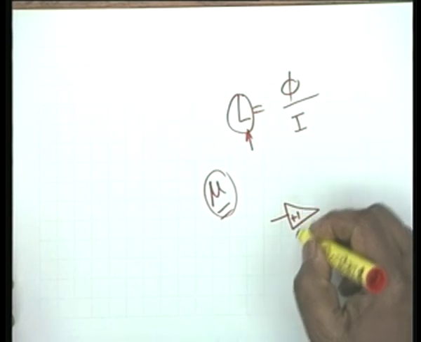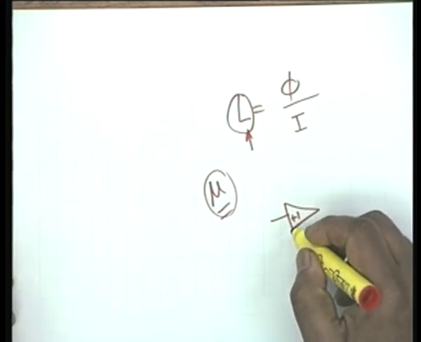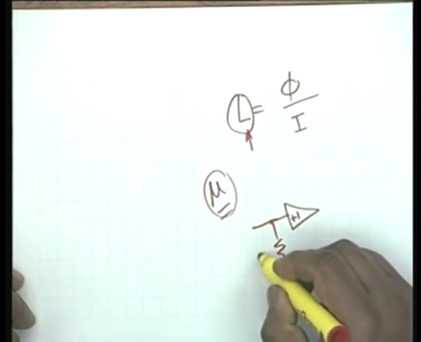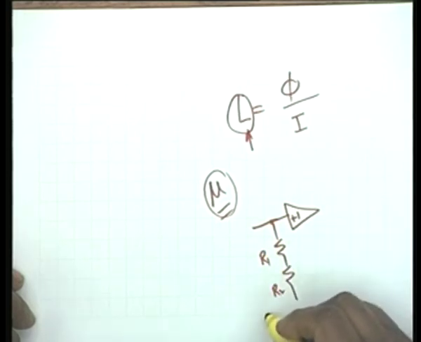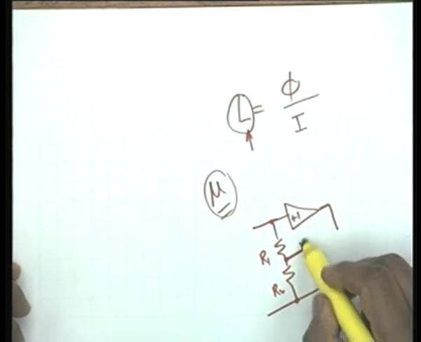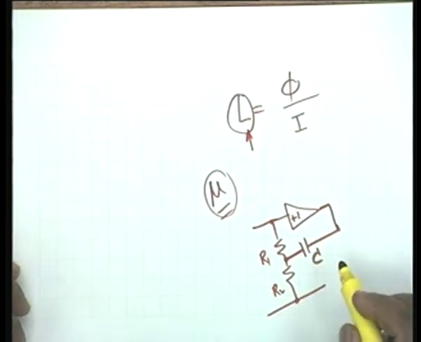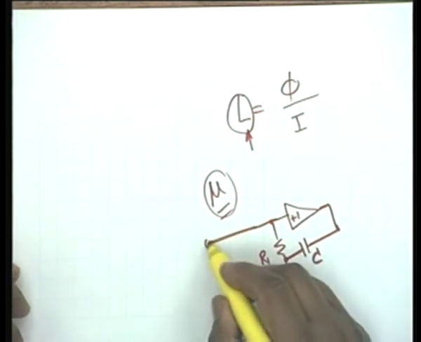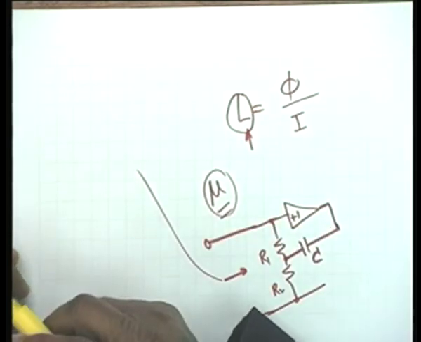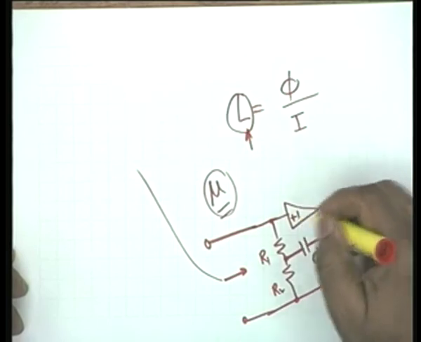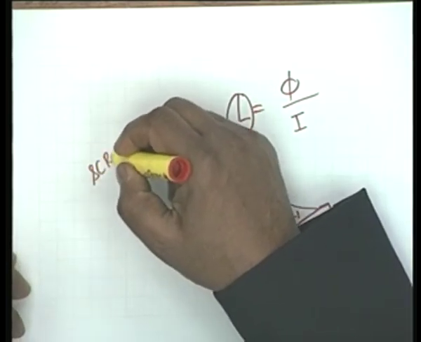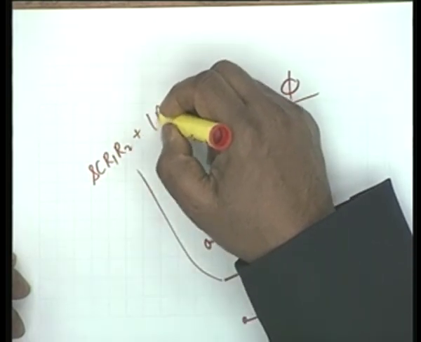And let me give you this exercise. If you have a unity gain amplifier obtained by op amps, and you have two resistances R1, R2 at its input, and a capacitor comes from the output, then you can show that this input impedance, we have done 110, so you know how to analyze such circuits, is SC R1 R2 plus R1 plus R2.